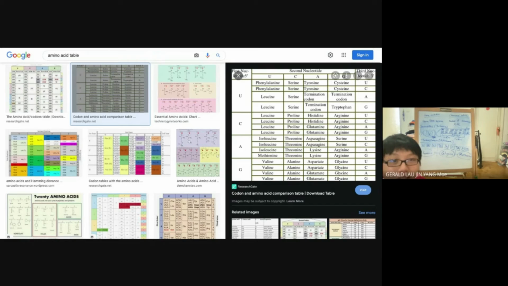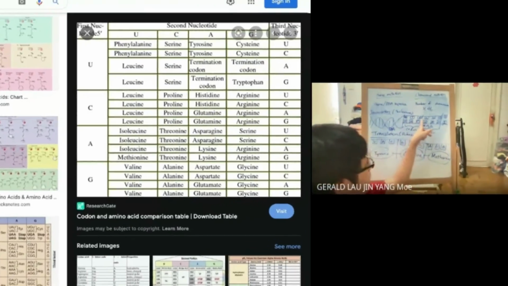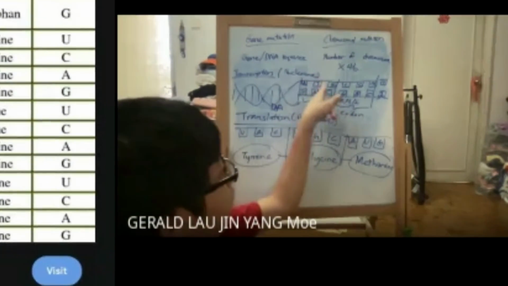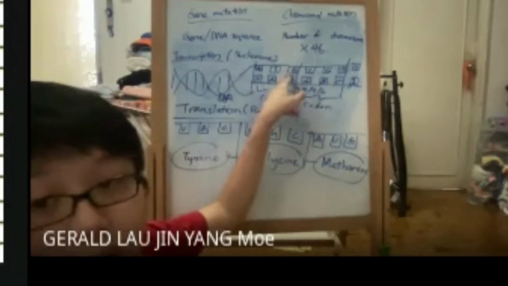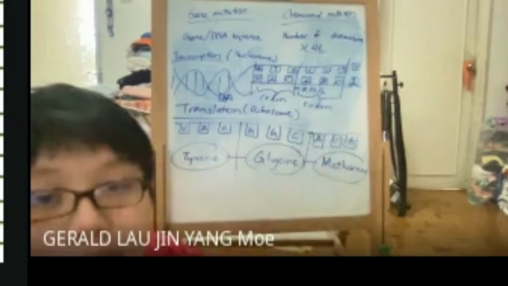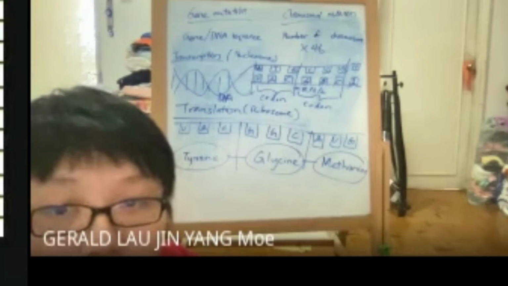Okay. Now, gene mutation happens when suddenly one of these goes wrong. Kita buat substitution lah, senang. Okay, substitution. Let's say UAC, UAG.